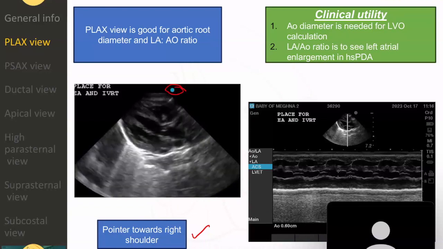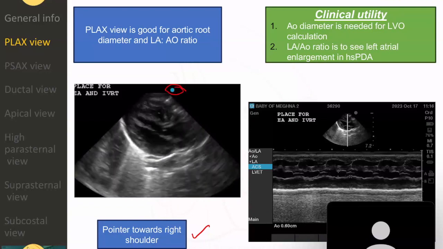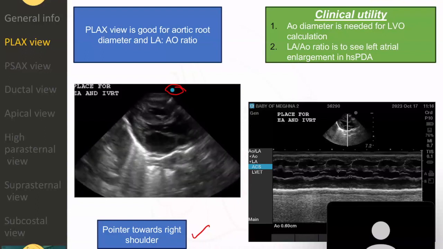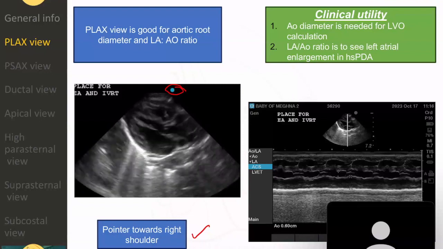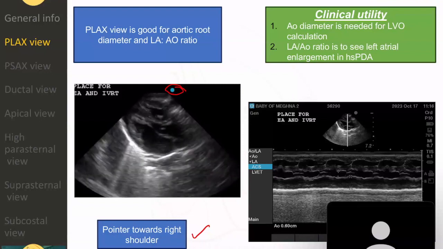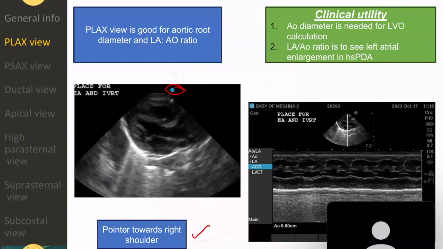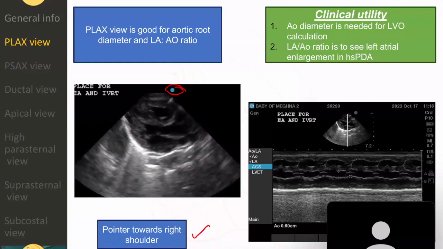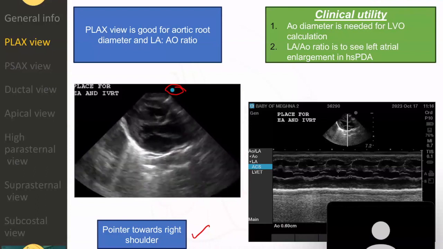This is the only place in echocardiography where there is a disconnection between where you place the pointer and where the pointer projects on the screen.